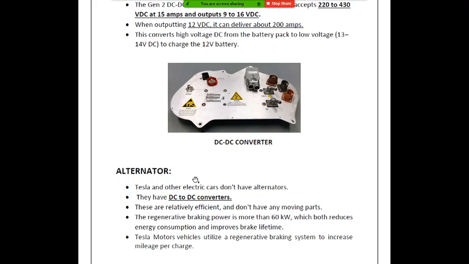But in the case of the alternator, it has some moving parts, and the converter is relatively efficient when you compare it with alternators. And in regenerative braking, the Tesla Model S gives you around 60 kilowatts of power. If you get this much power, the energy we are using from the battery gets reduced, and it improves the brake lifetime.